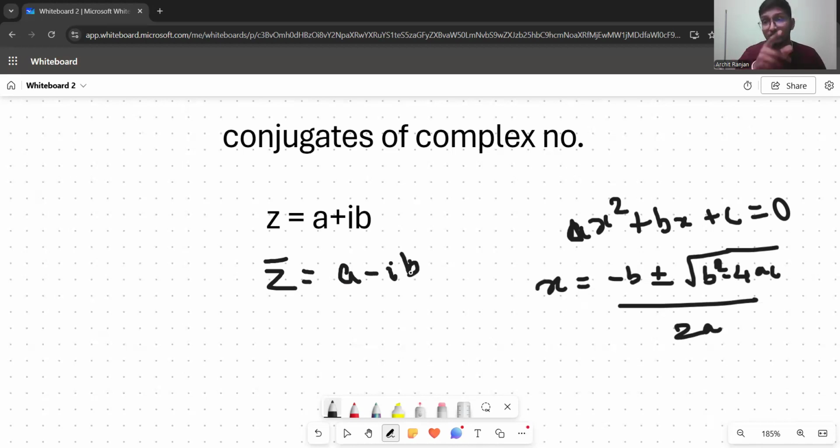Basically, let's just swap the sign. And if we had z is equal to a minus iota b, its conjugate would have been a plus iota b. Basically, switching the sign of what separates the real and imaginary number, right?